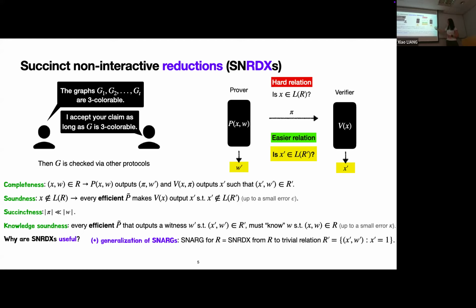Even in the original SNARK definition, it's not about the verifier knowing exactly. It's also a computational definition. So if X is not in the language, it will only output 1 with very small probability. So it's not like it will know for sure. When I say it knows, I mean up to a computational bound. Yeah. But I think I see the point.